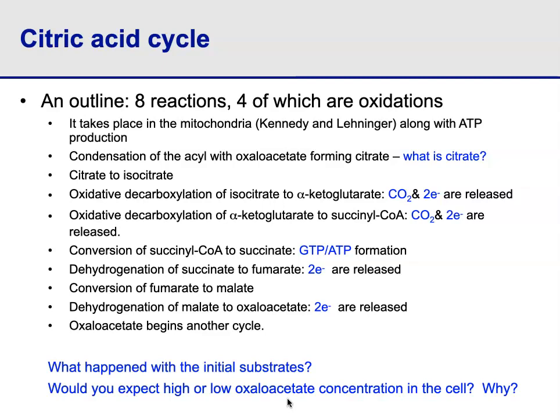Oxaloacetate can also enter gluconeogenesis. So for whatever reason though, oxaloacetate has a lower concentration. We're not losing it. The net product is 0 basically. There's no increase or decrease of oxaloacetate. So we don't need to have a massive concentration of it in the cycle.